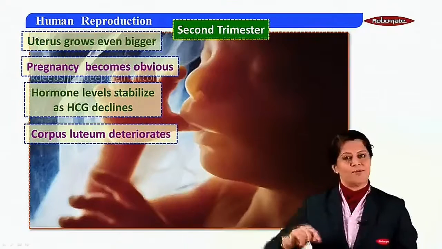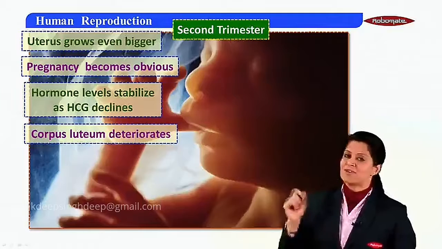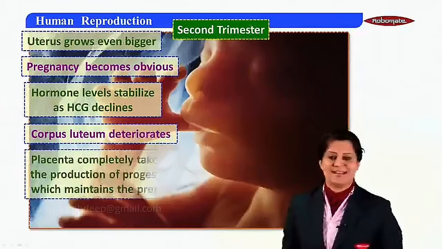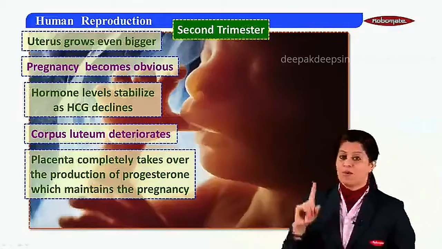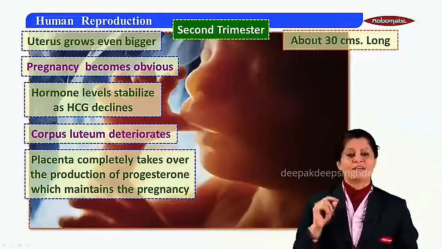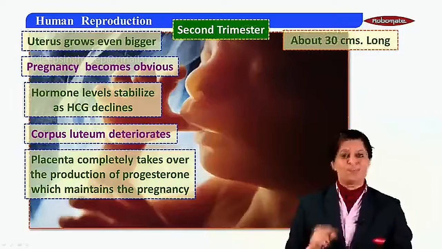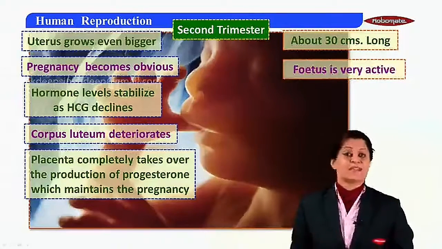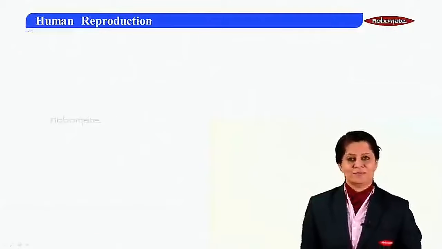Because another important structure is formed which is taking over its function. Which is that structure? Placenta. So the placenta completely takes over the production of progesterone, the pregnancy hormone. About 30 centimeter long is the fetus now. Now that's pretty big. The fetus is very active, kicking starts at this stage.